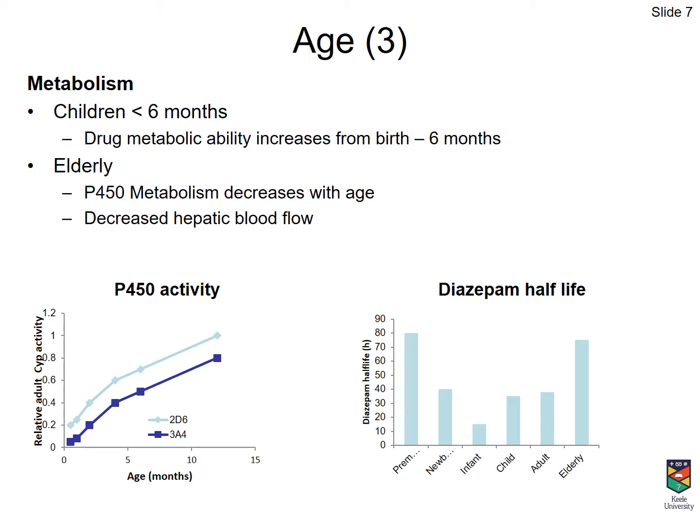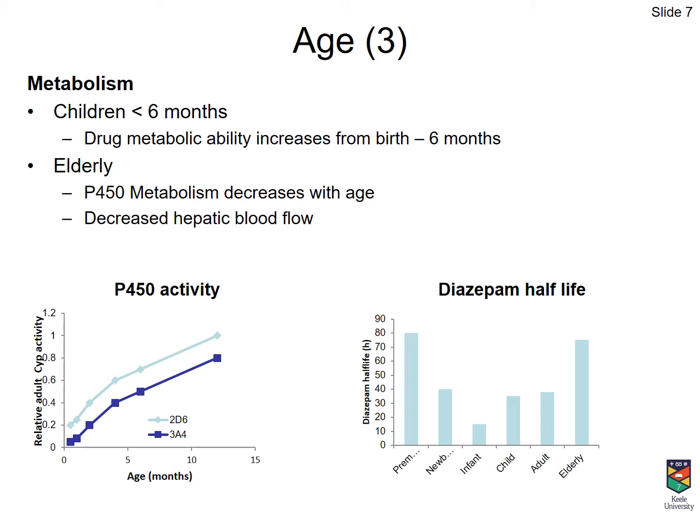Or to see it another way, you'd imagine that if a drug was given to a patient of this young age, the drug's half-life would be longer than anticipated, and you can see that in this slide on the right here, looking at the half-life of diazepam. As we go from a premature to a newborn to an infant, we can see that there's a gradual decrease in the half-life, reflecting the increase in cytochrome P450 activity.